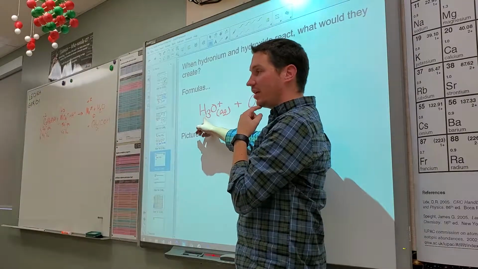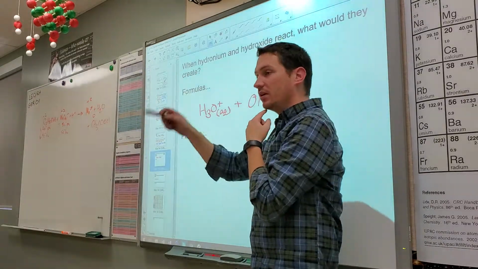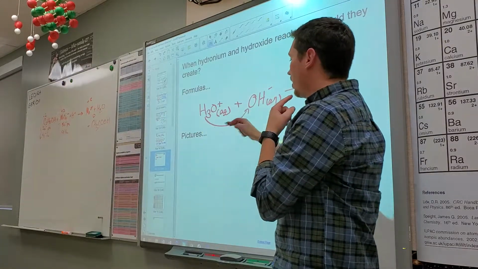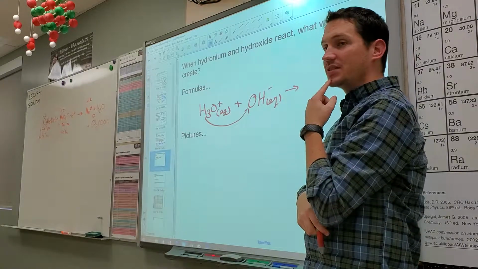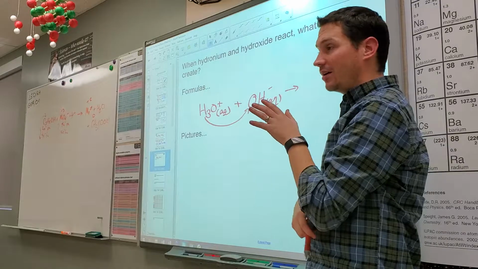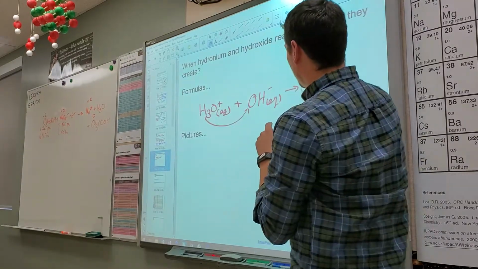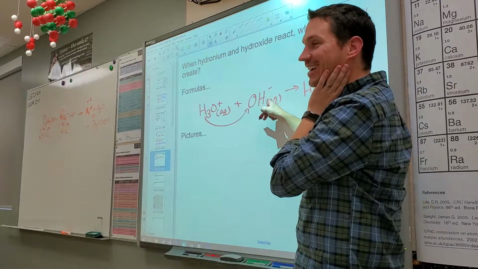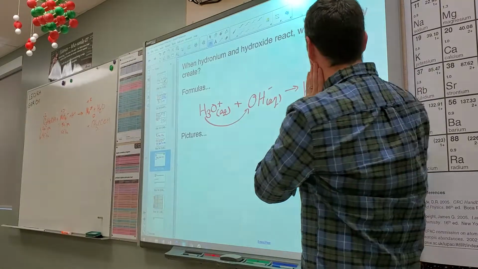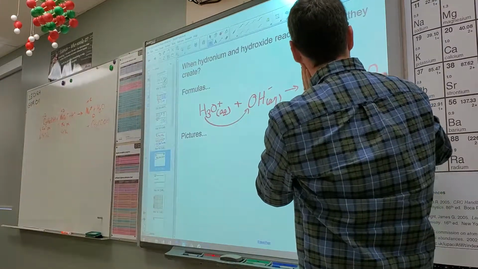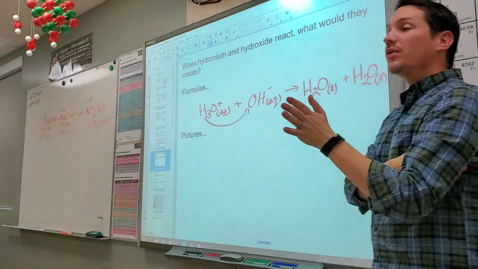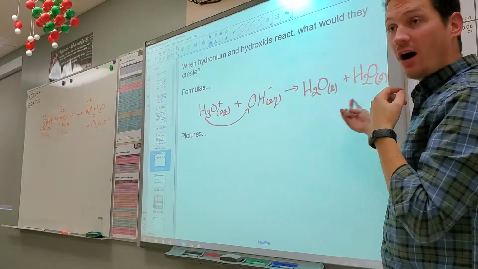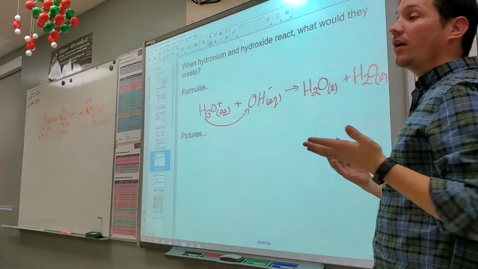This extra proton, remember that proton is hopping from one water molecule to the other. So this proton can hop from the hydronium to the hydroxide. So what are we going to get? We're going to get H2O plus H2O. Would you agree when acids react with bases, we get neutral compounds? We get these water molecules.